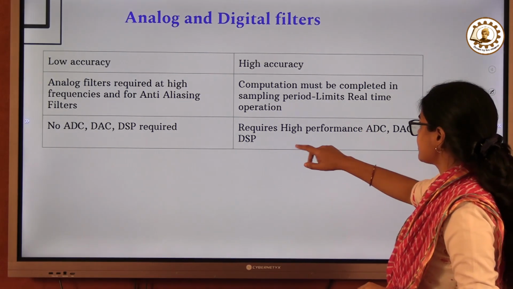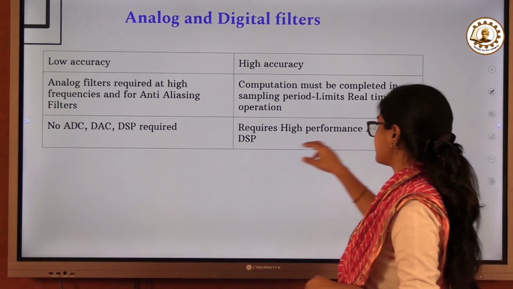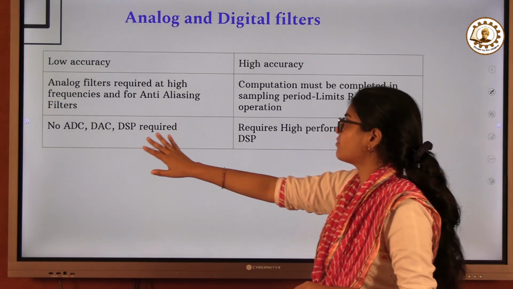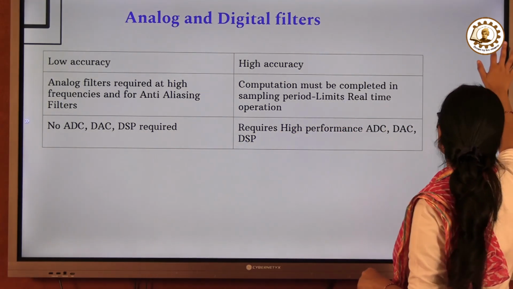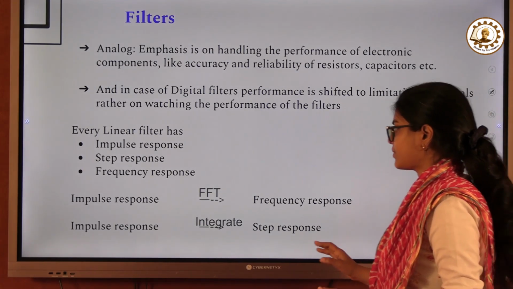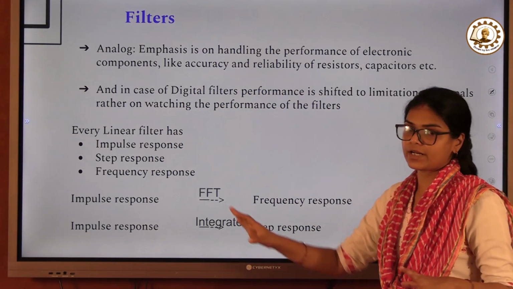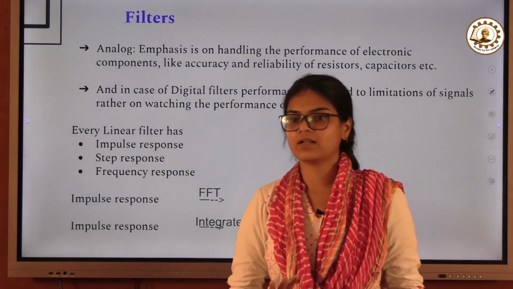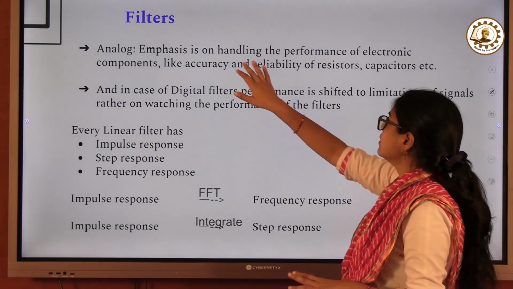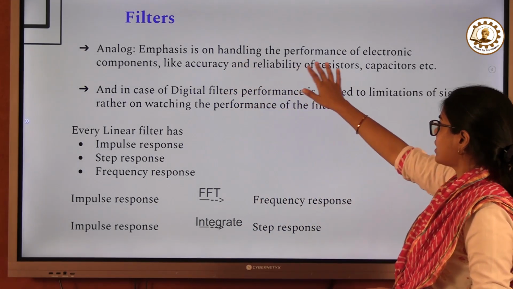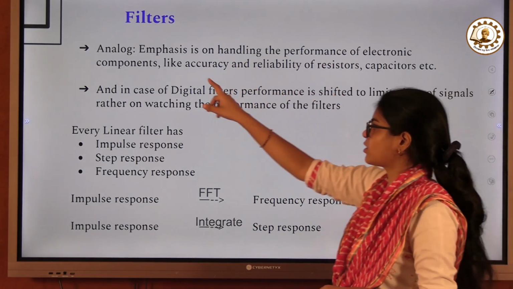Now digital filters require high performance ADCs and DACs, and in the case of analog filters you do not require all those things because it is completely made that way. The main difference between analog and digital filters is that in analog the emphasis is on handling the performance of electronic components.